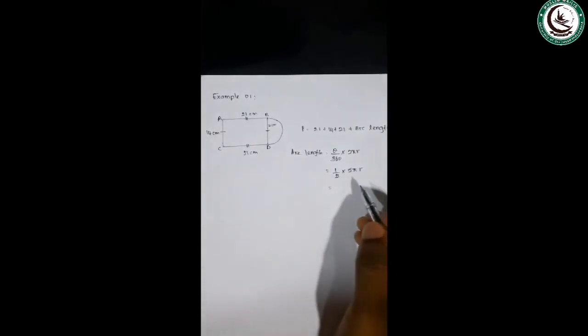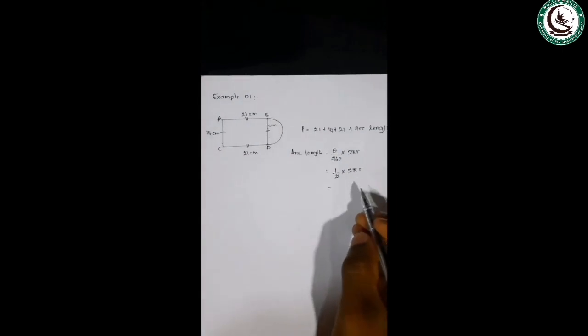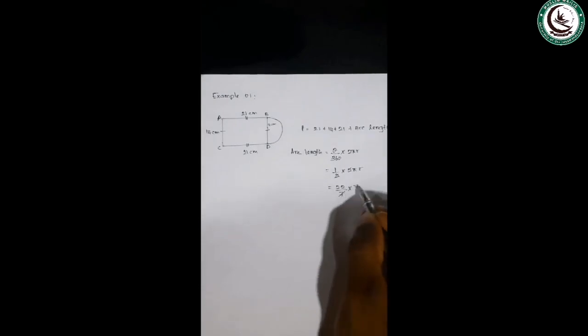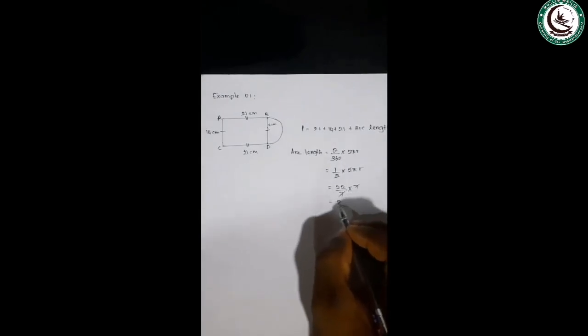This 2 and this 2 cancel off. Now we know pi is equal to 3.14 or else 22 over 7. So we'll mark here 22 over 7 into the radius, we found it as 7 centimeter. So we can cut this over here, and the arc length is 22 centimeter.